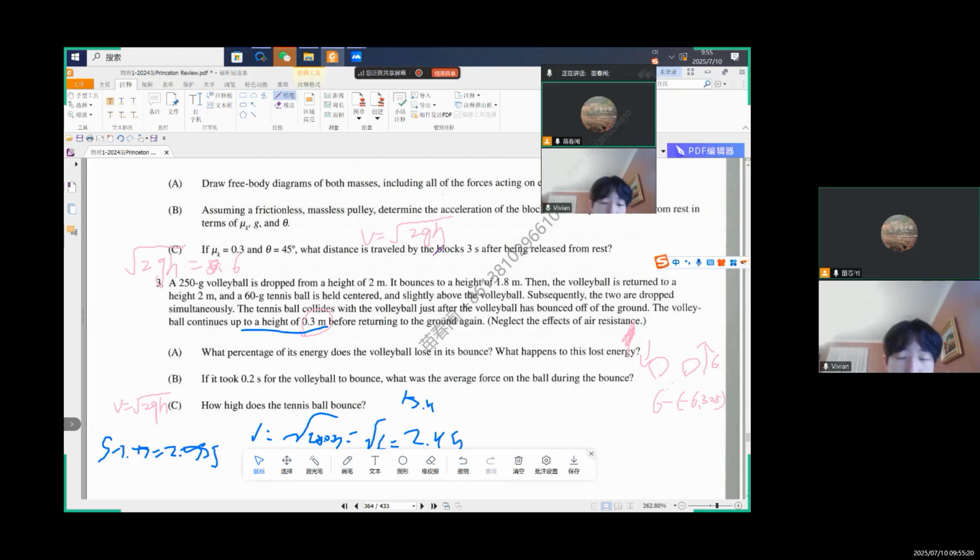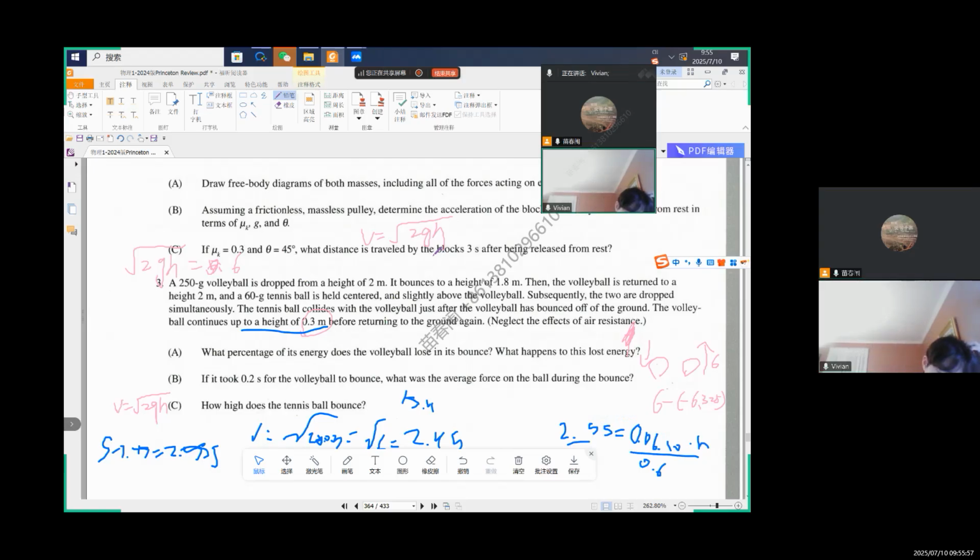And you can just put this into mgh and get the height. Do we have the mass of the tennis ball? 60 grams. 0.06 times 10 times h equals 2.55, divided by 0.6.